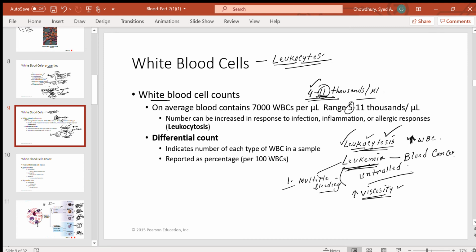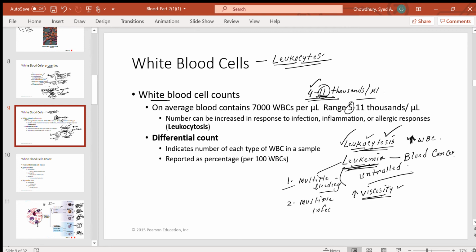And another is, although the number of white blood cells increases a lot, most of these white blood cells are non-functional. So although you have a huge number of white blood cells, they cannot fight against the microorganisms. They are immature white blood cells, and that's why your body often gets multiple infections.